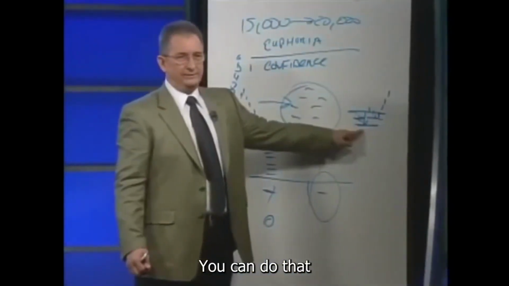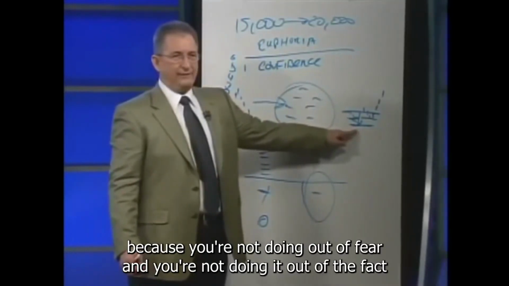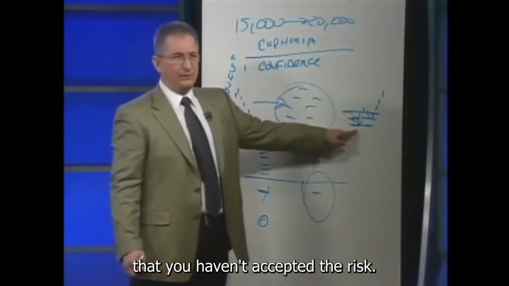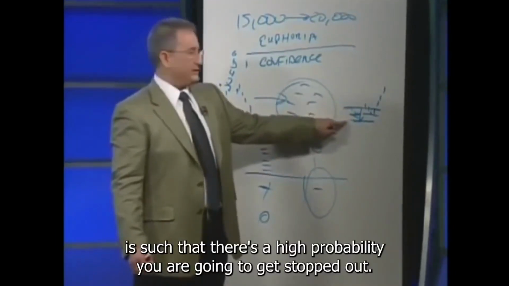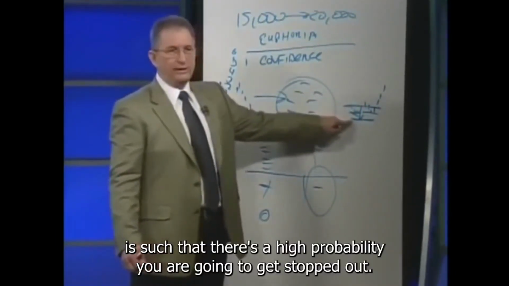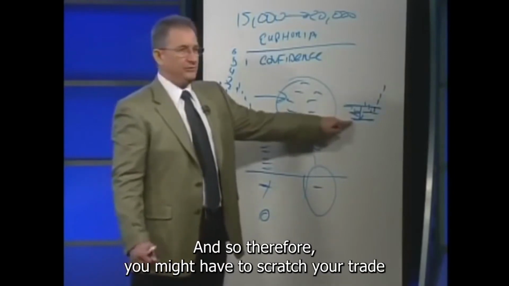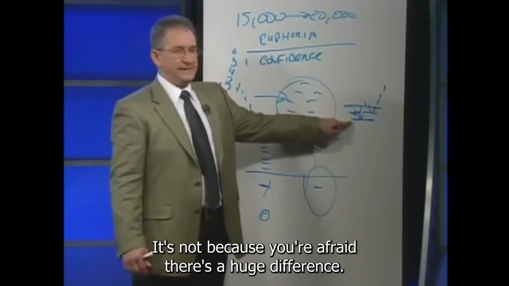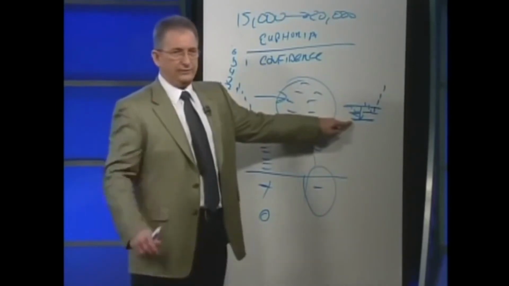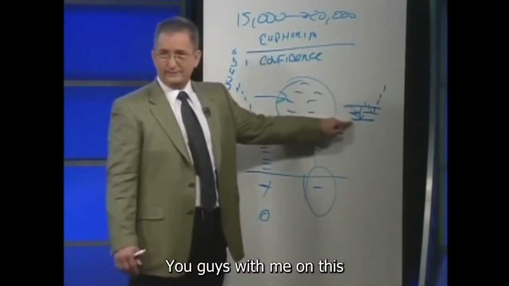You can do that, because you're not doing it out of fear, or out of the fact that you haven't accepted the risk. You're doing it because you recognize the pattern that the market is giving you is such that there's a high probability you are going to get stopped out, and so therefore you might as well just scratch your trade or get out with a little bit of a loss. It's not because you're afraid. There's a huge difference. You guys with me on this?